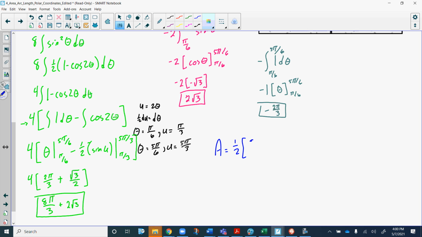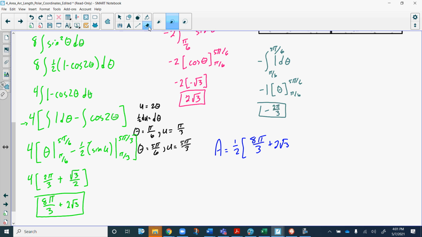So I have 8 pi over 3 plus the 2 radical 3 for the first bit, and then we have a, oh, did I make a mistake somewhere? Because those radical 3's are supposed to go away. Yep, I sure did. I just didn't write something down.